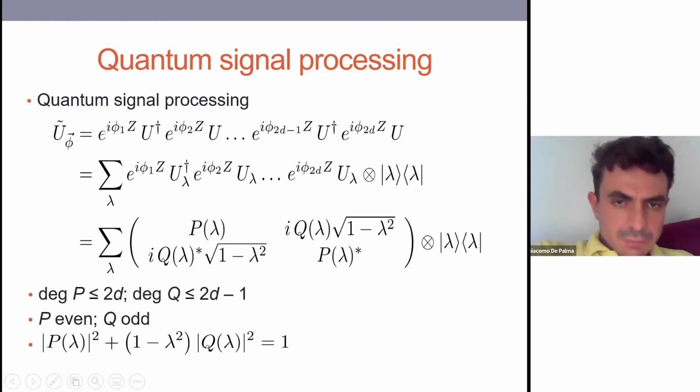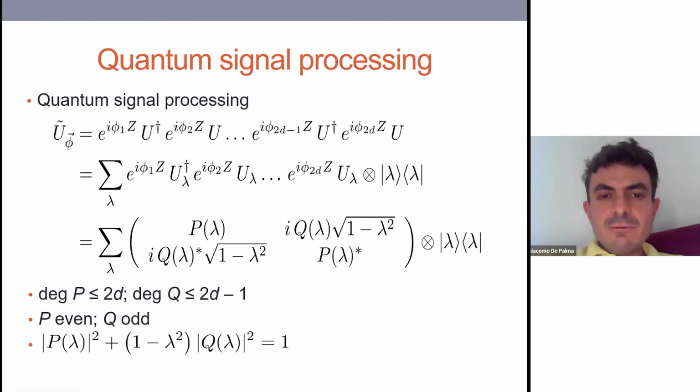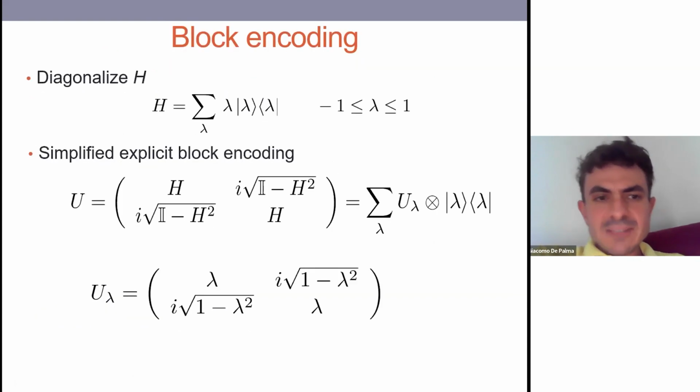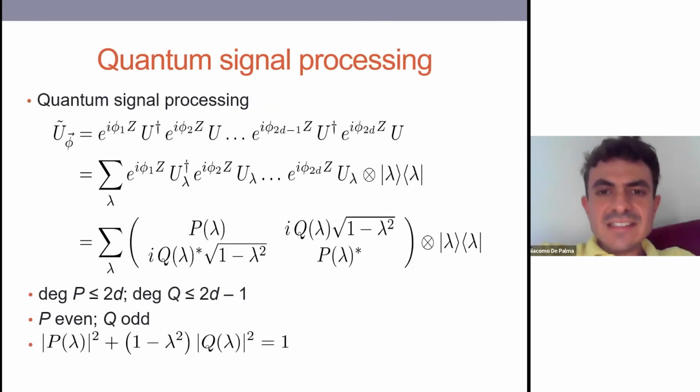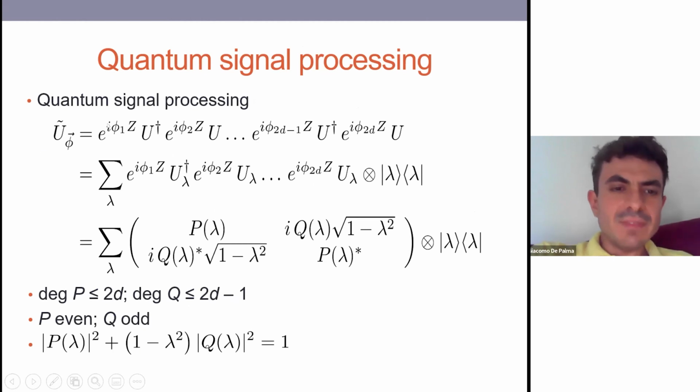Now, if we consider the expression for U that we had before, when we make explicit the separation of the auxiliary qubit from the target system, what we can see is that what happens is independent for each lambda.